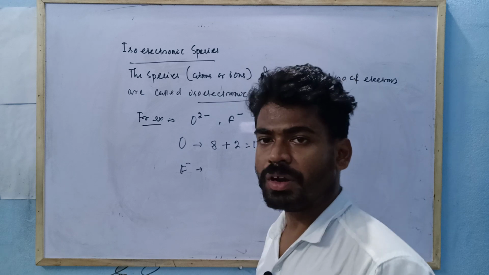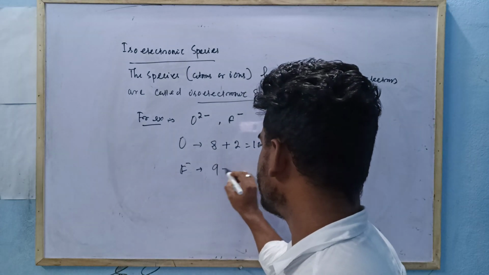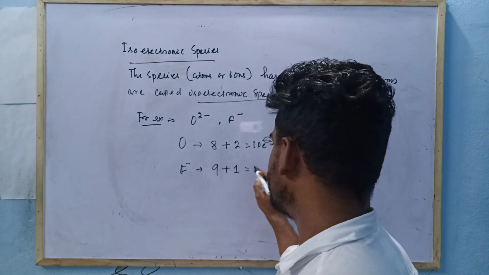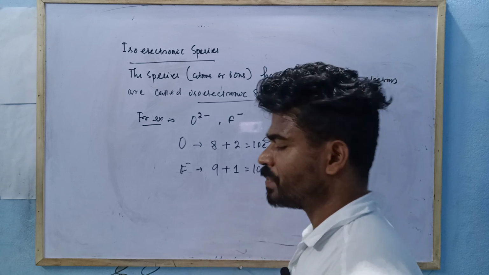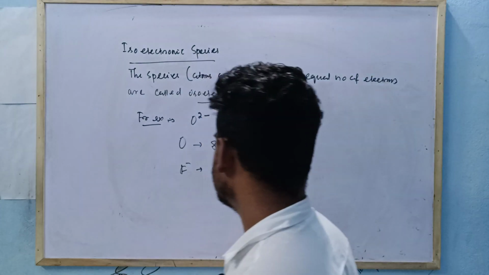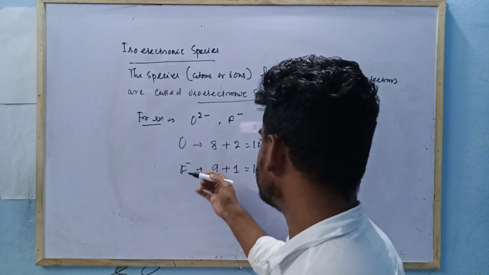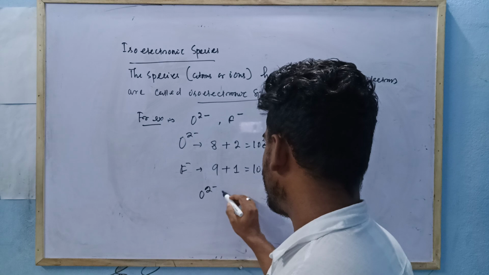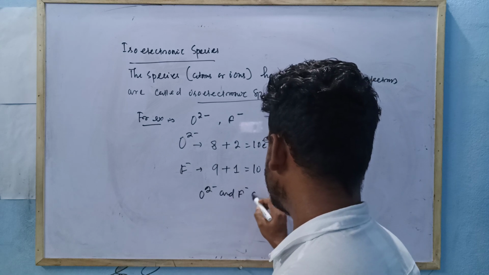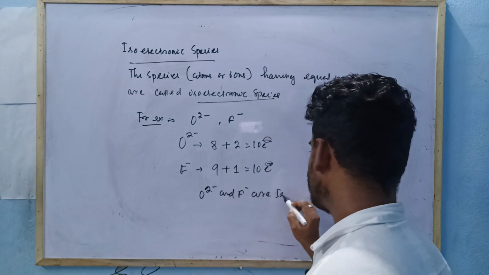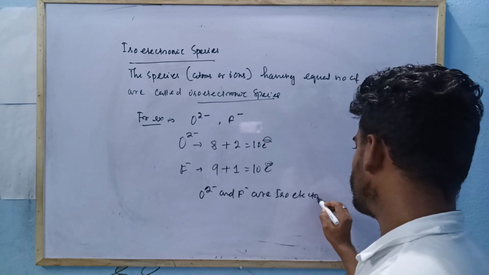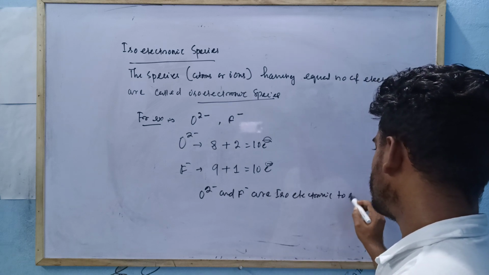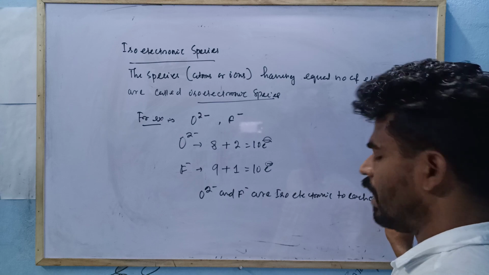Normally the neutral fluorine atom has 9 electrons, plus it gains 1 electron, that is 10 electrons. Since both these species have an equal number of electrons, that's why O2 minus and F minus are isoelectronic to each other.